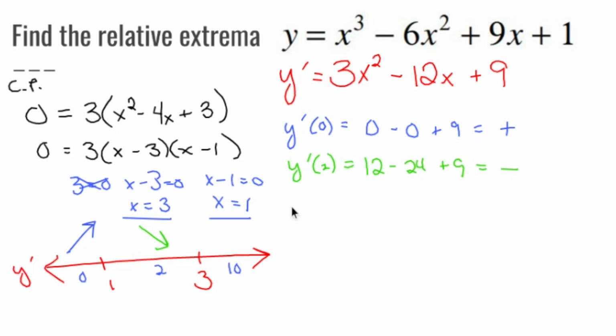If I plug in 10, I chose 10 because it's large enough that I should obviously be able to tell if it's positive or negative. 3 times 10 squared is 3 times 100, so 300, like that movie. I forget what it's called. Minus 12 times 10, which is 120, so minus 120, plus 9 is definitely going to be positive.